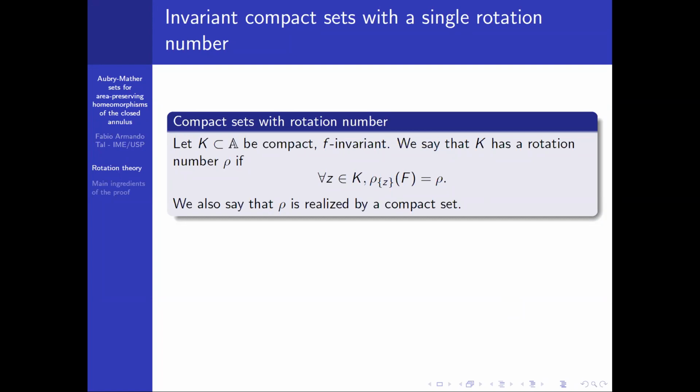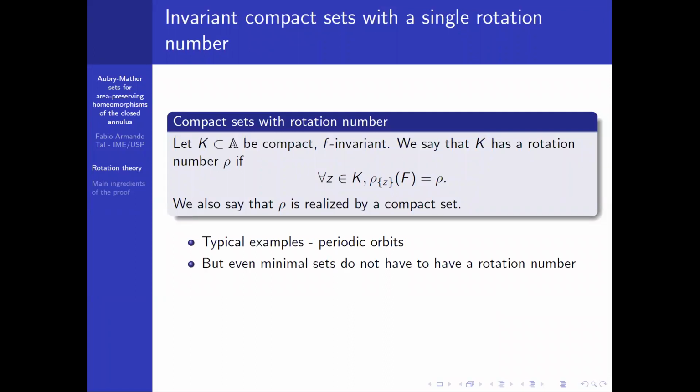I could say for every rotation number, rho is realized by a measure, or rho is realized by an ergodic measure, rho is realized by a point, and rho is realized by a periodic set, by a compact set. And typical examples of compact sets that have a rotation number are periodic orbits, but even minimal sets do not need to have a single rotation number.